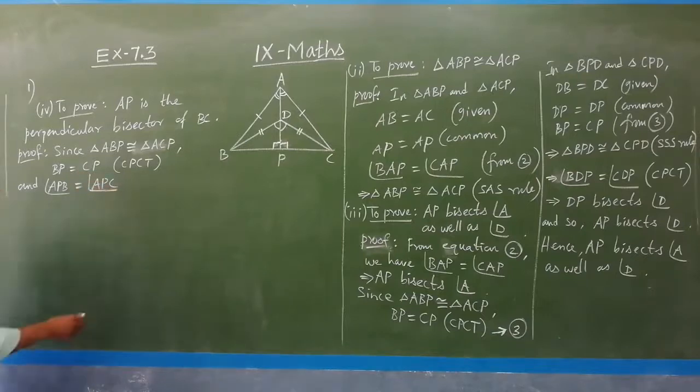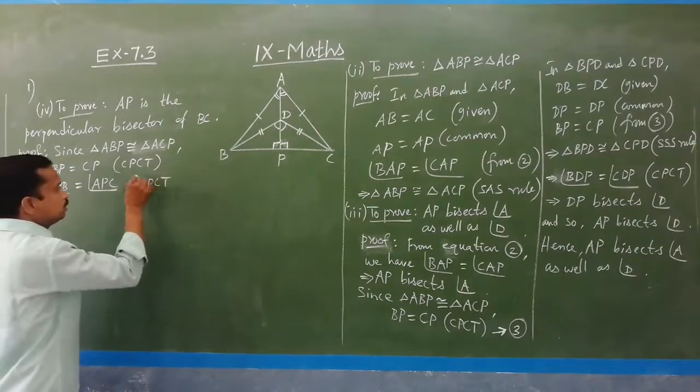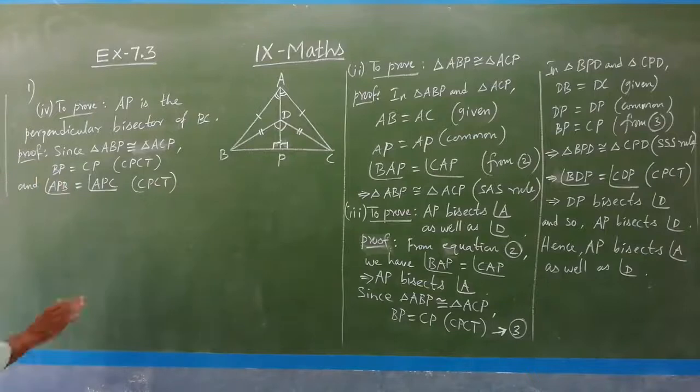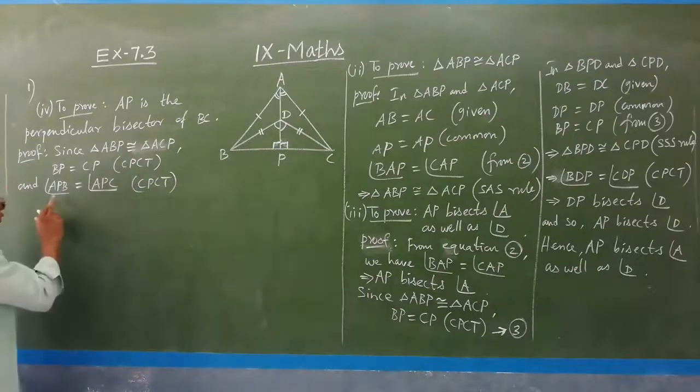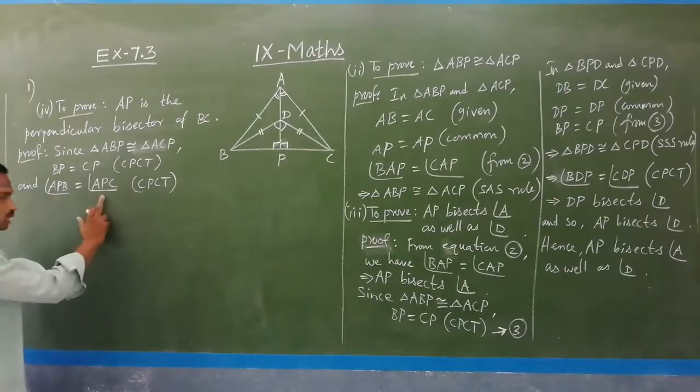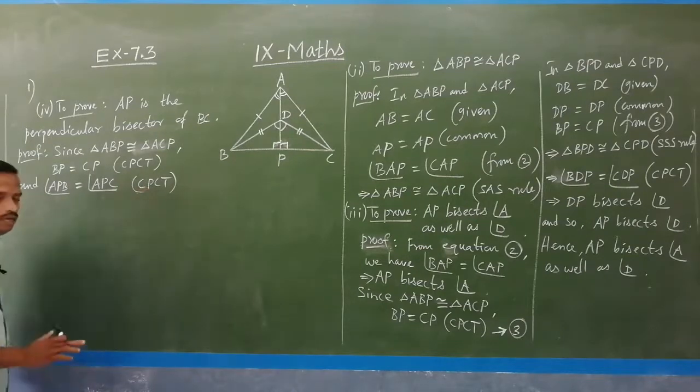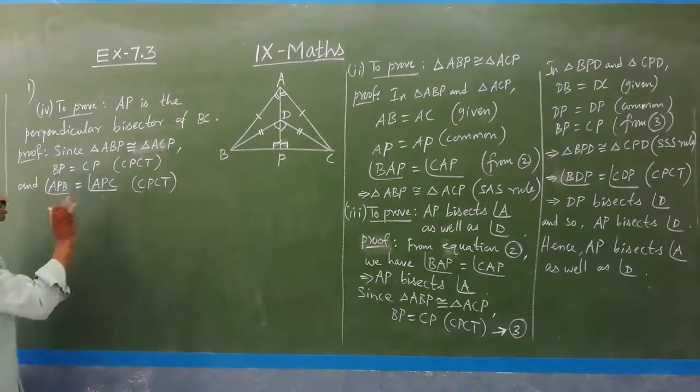We can say they are equal by CPCT, because these two triangles are congruent. But we have to show that each is 90 degrees.